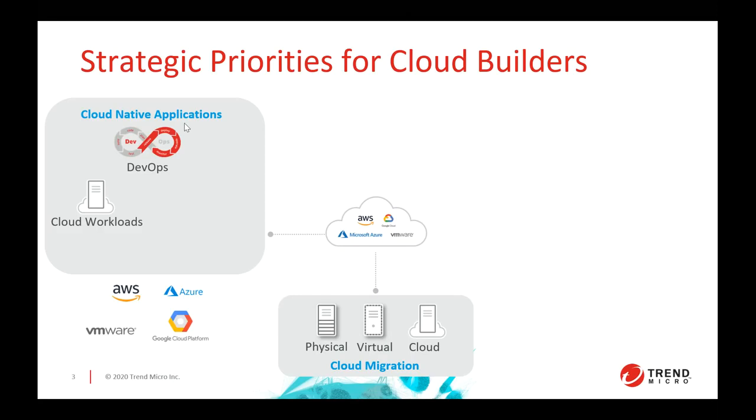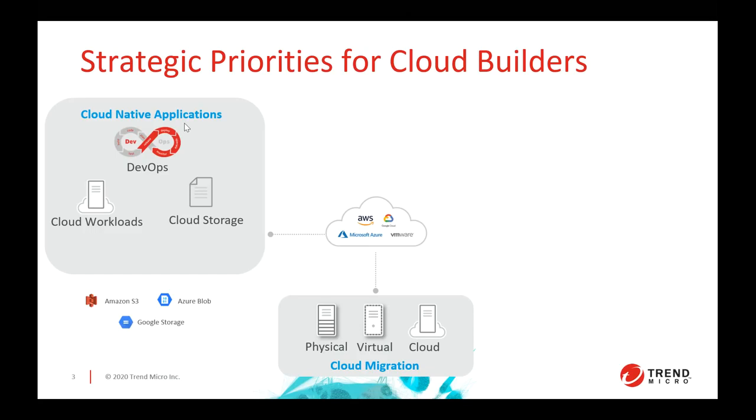So multiple stakeholders will be involved in the DevOps operation. And it is not only workloads in the form of servers; it could be serverless and container environments as well. The second thing is they need to develop cloud native applications, cloud storage and everything.